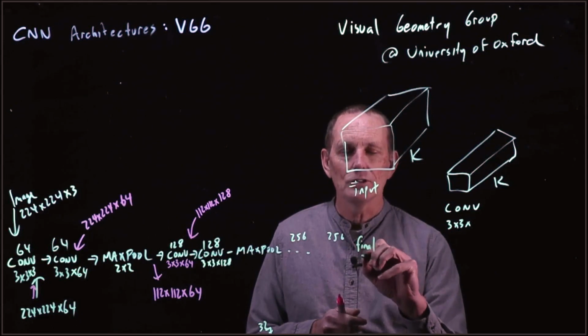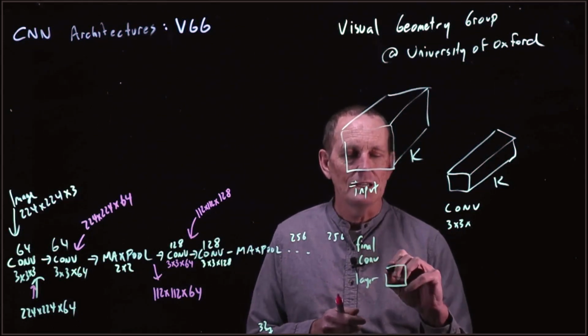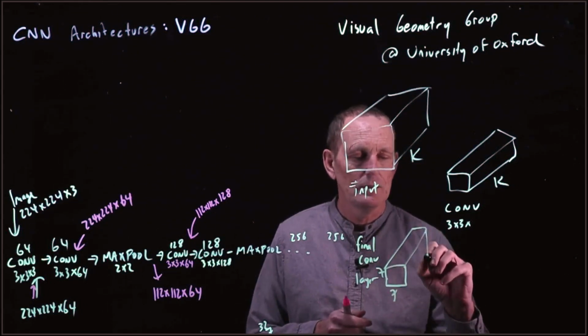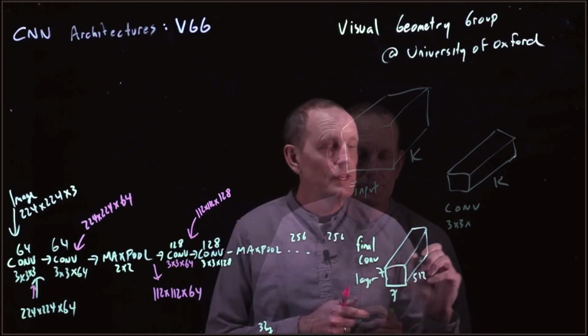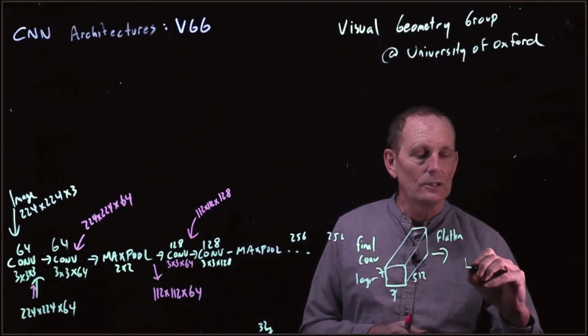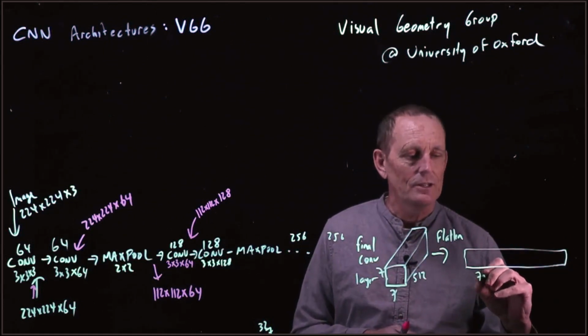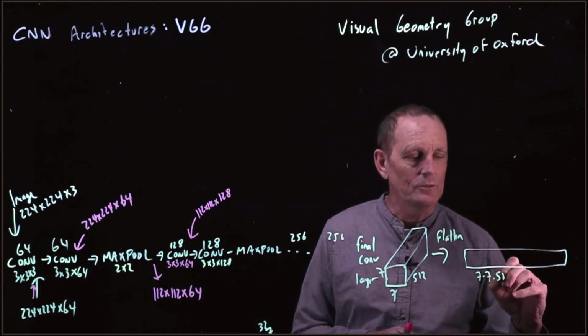So the final convolution layer output is 7 by 7 by 512. This now gets flattened into a single long vector of size 7 times 7 times 512.